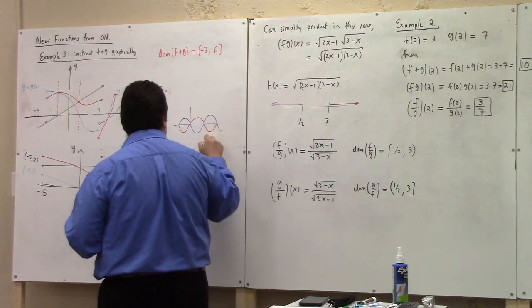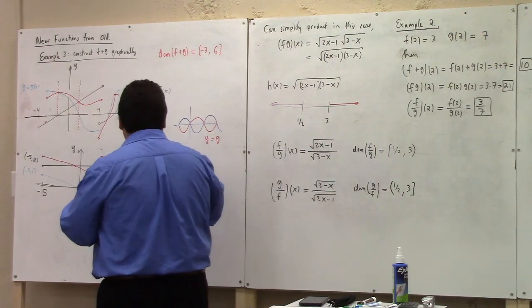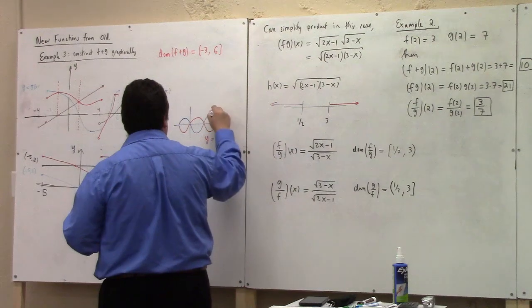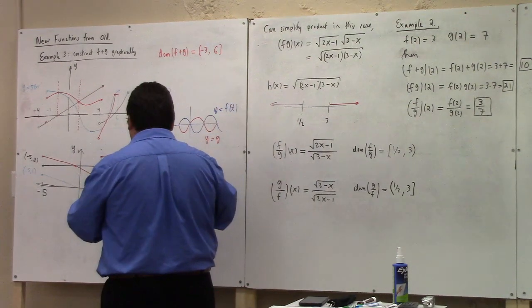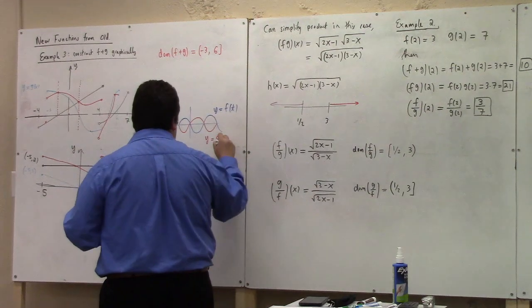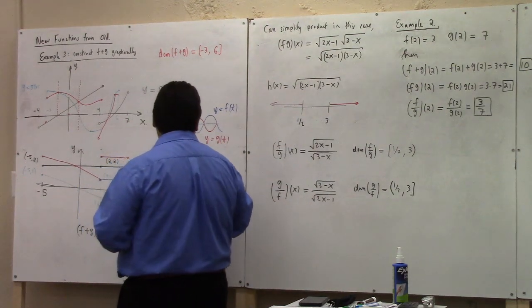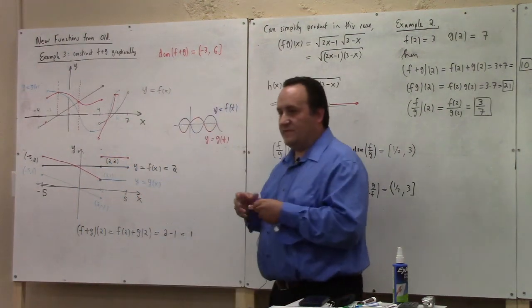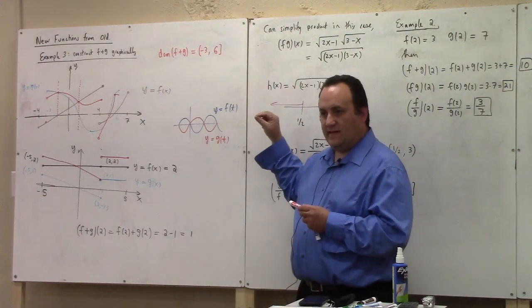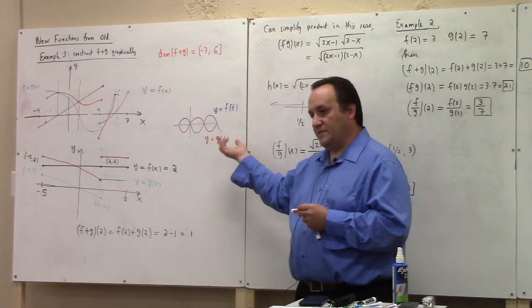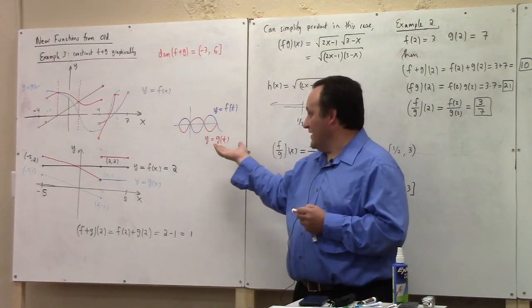So if this is y equals to g, and this is y equals to f, and I'll say t because usually we think of t as being time. These are intensity of sound in time. What happens when you add these two? They just cancel out, right? This is called destructive interference, but if you think about it, that's just adding graphs.